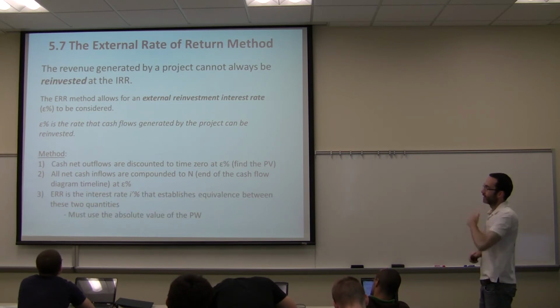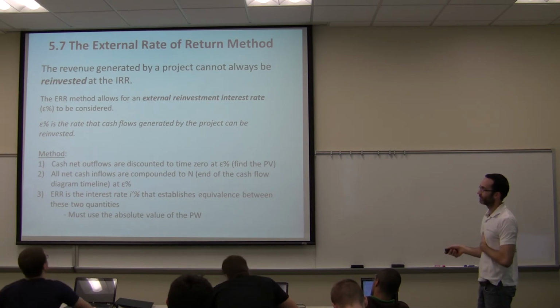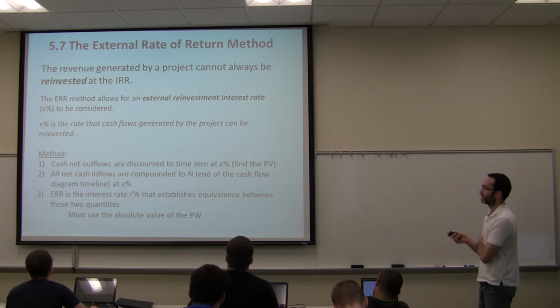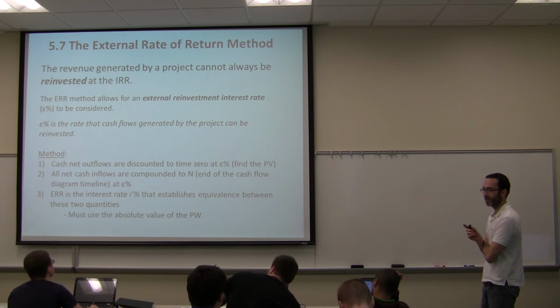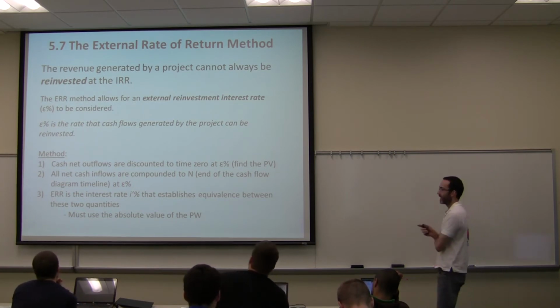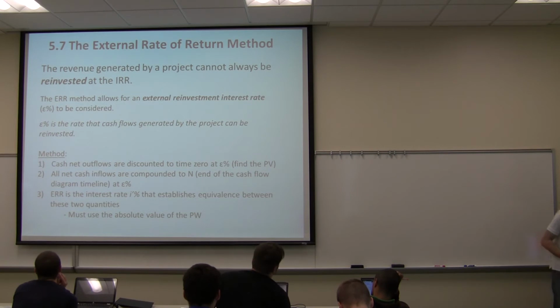And then the external rate of return is the interest rate that makes them equal. So it's sort of like doing the internal rate of return approach of solving for some unknown interest rate, and you're wanting to find balance.